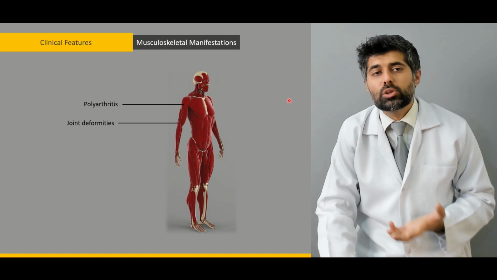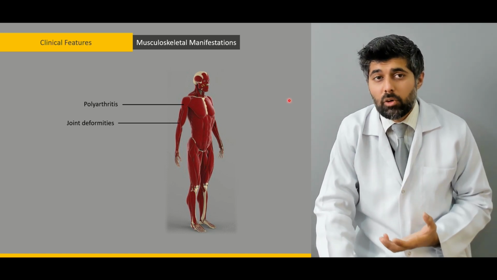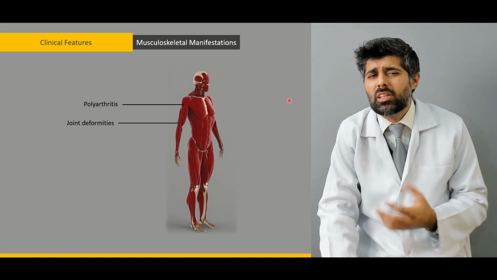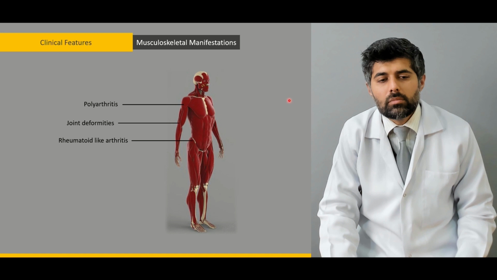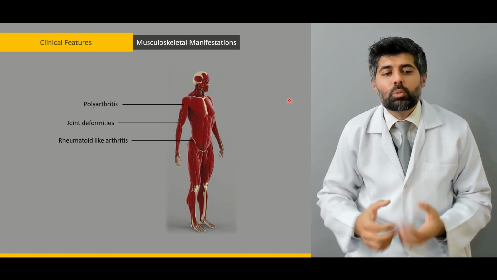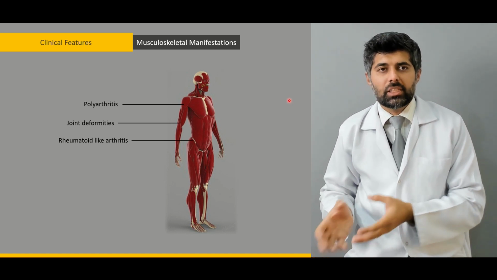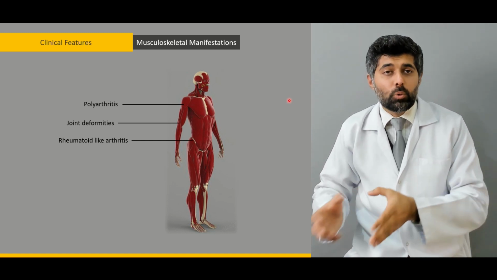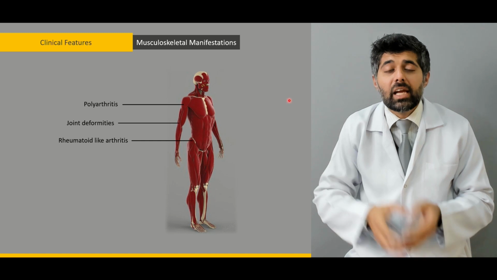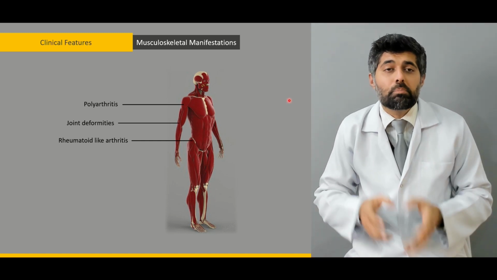Now, this can also result in joint deformities, but it only happens in about 10% of the patients. We also see rheumatoid arthritis in such patients. So it is also possible to have both rheumatoid arthritis and SLE in the same patient.